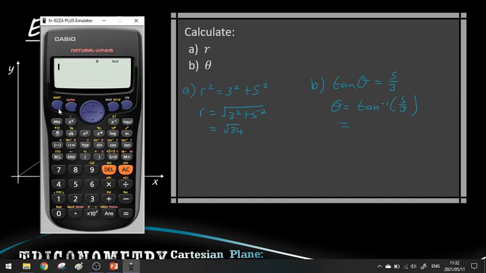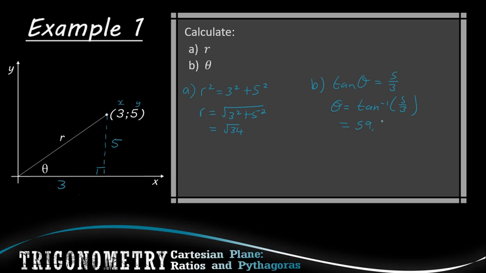So this would be shift tan 5 over 3, and that is equal to 59,04. That is an angle, and that is example 1.